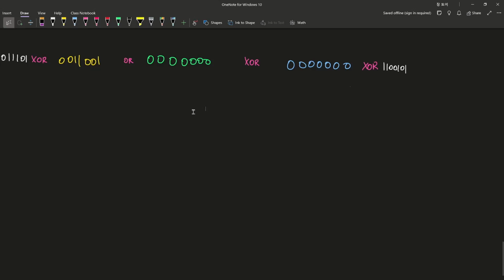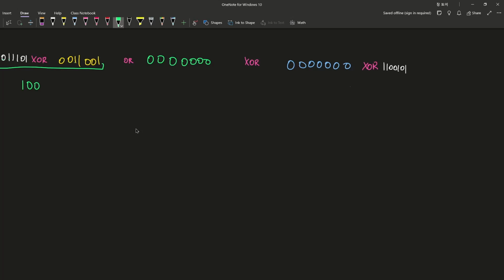Then we know that XOR takes precedence over OR, but we always start from the left, so we get this part. Are they the same? No, so they're going to get a 1. Is this and this same? Yes, that's a 0. Third digit, they are the same again, that's a 0.